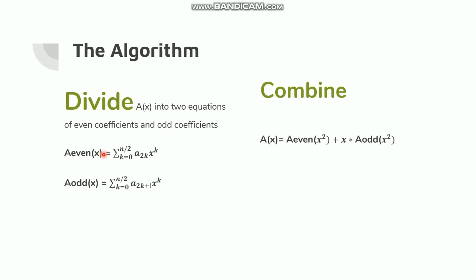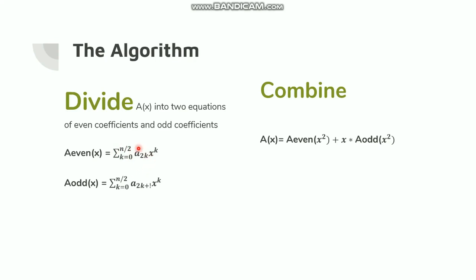We will divide it into the even coefficients and the odd coefficients. So A even of x would be defined by the summation of a_2k multiplied by x raised to k, for k equal to 0 until k equal to n over 2.